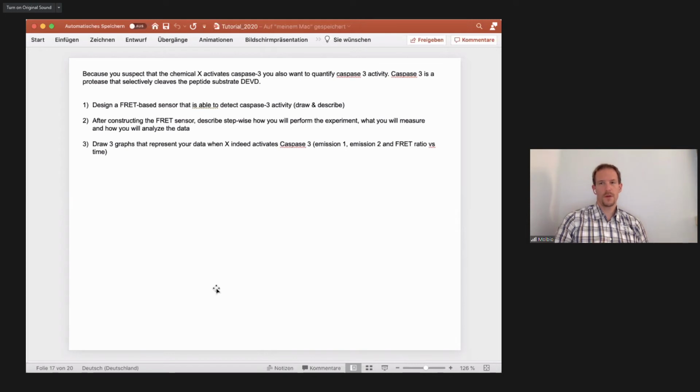So you want to know whether a protein lysate that you have has caspase 3 activity. You know that the caspase recognizes the sequence DEVD. So how do you design an experiment using FRET that you can detect this?